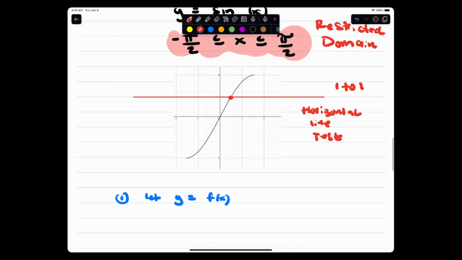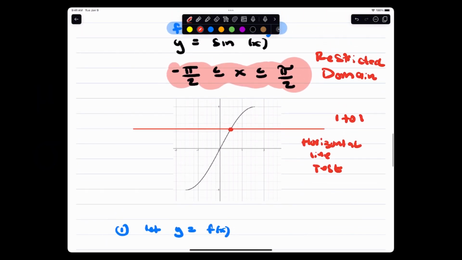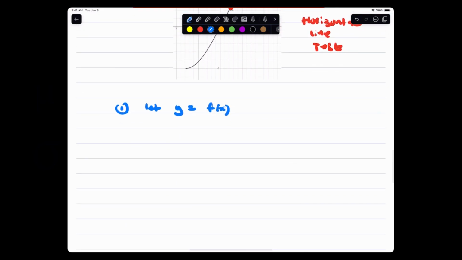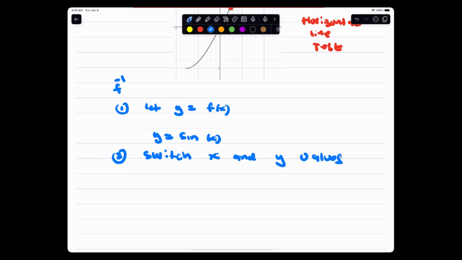Curve's 1 to 1. So you say, okay, let y be sine x. And you say, okay, here it is. Y is sine x. This is our inverse function process, if you guys recall. Step 2 is the key step. You're supposed to switch the x and what? Y values in the process.